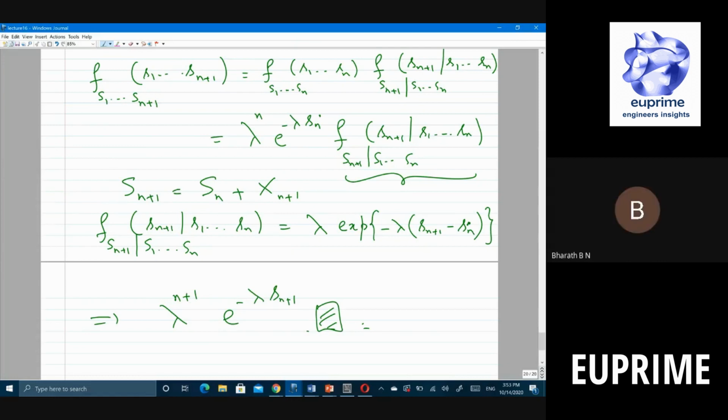Essentially it says, although you are looking at the joint density, any question? So when I write, for example, this thing equals this, I mean, is that complete?